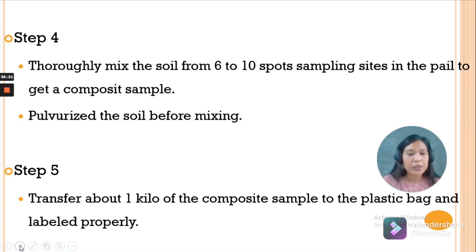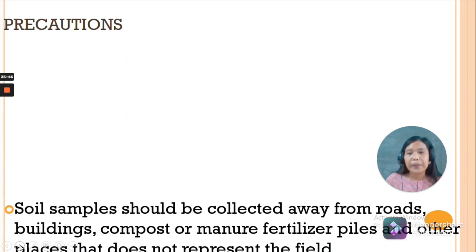Okay? Just make sure you do not take from manure piles, because of course that is different. If you do not properly perform the soil sampling, it greatly affects the laboratory result. That is why you have to perform soil sampling properly. Okay, precautions.